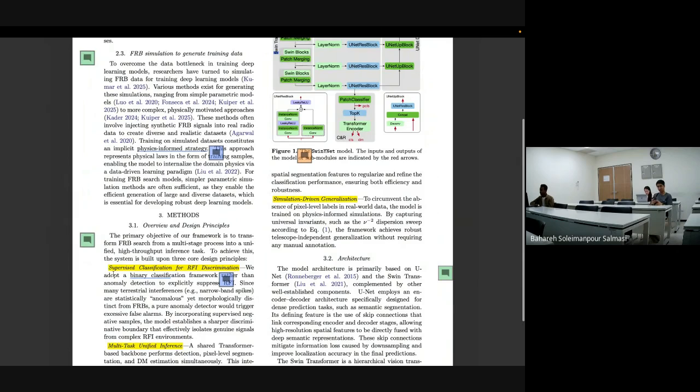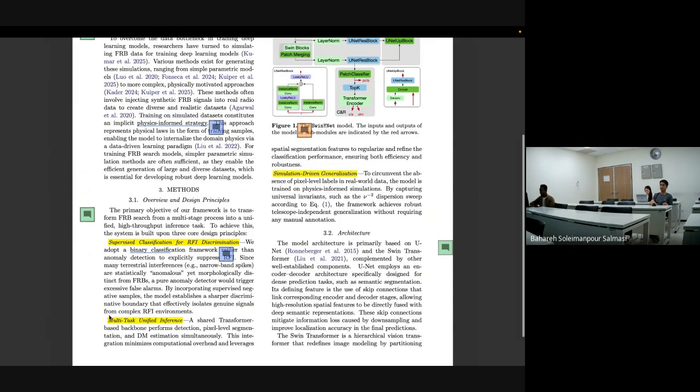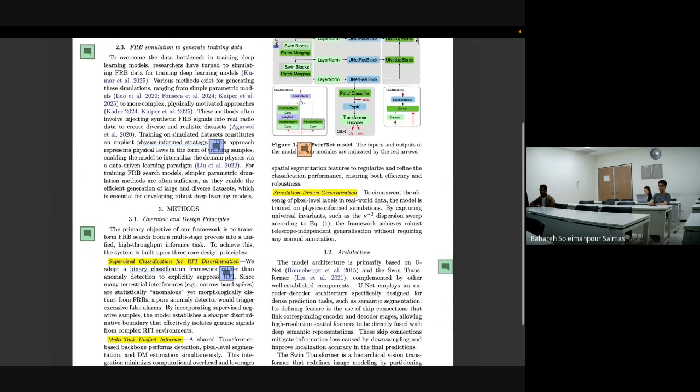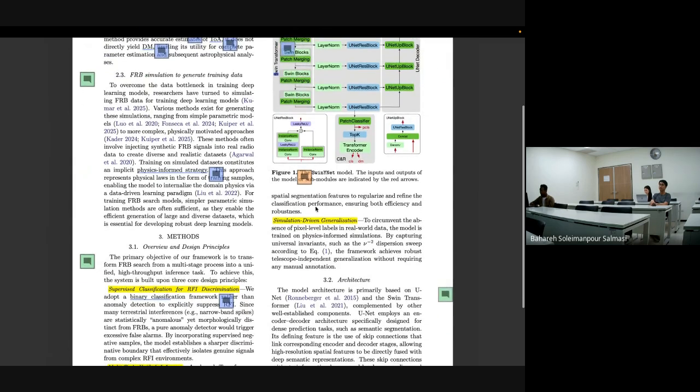This is the method that it uses. It uses supervised classification for FRB discrimination. The reason it doesn't use the raw data to mark FRBs is that it is really likely to mismark if you simply use that method. So it still requires supervised classification, and it also uses multi-task unified inference and simulation-driven generalization.